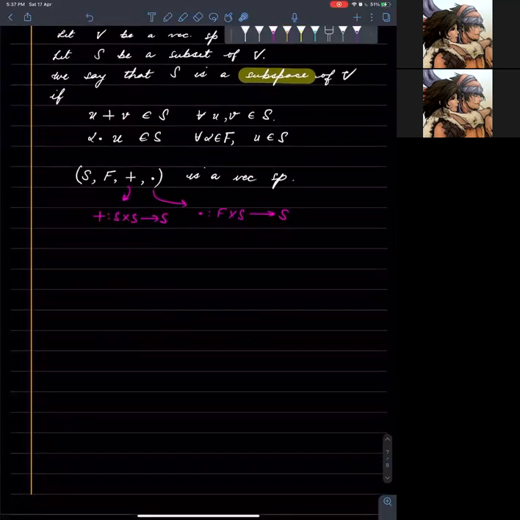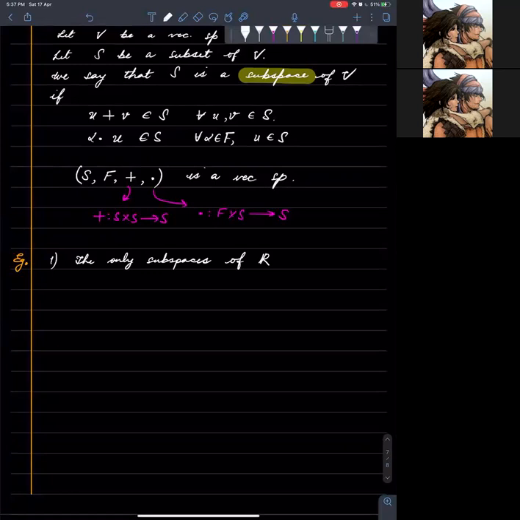So let me just give one example. In fact, it's really an exercise. Show that the only subspaces of R. So R is a vector space.